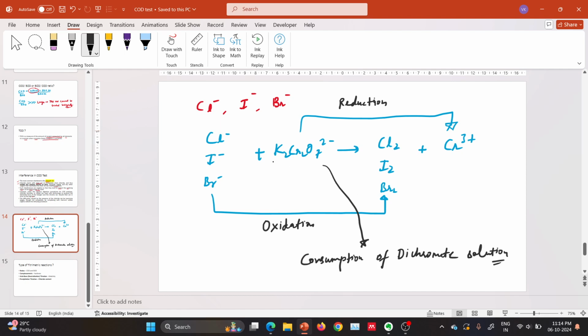So why are we providing dichromate? For the oxidation of organic matter, but here these compounds are utilizing our dichromate solution. So this is causing interference.